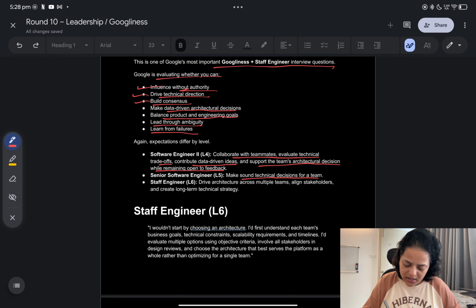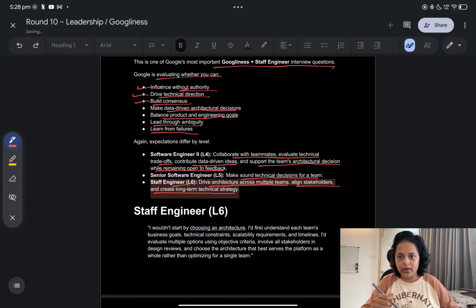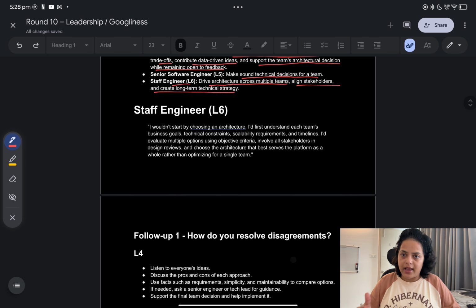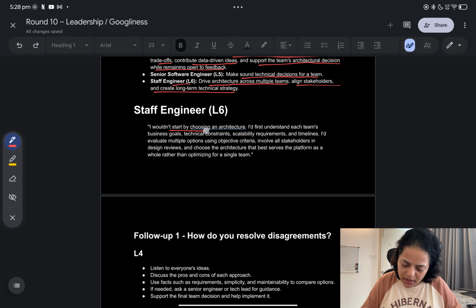And L6 staff engineer: drive architecture across multiple teams, align stakeholders, and create long-term technical strategy. This can be used by other teams also, so he is making organization-wide decisions. So the staff engineer L6 will say, I would start by choosing an architecture.